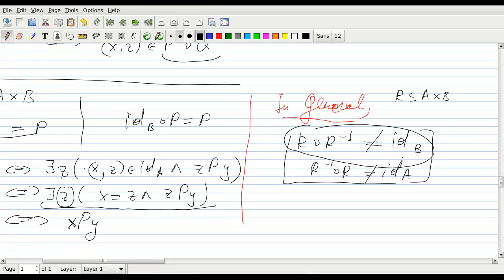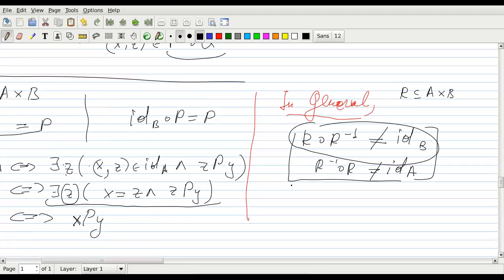In general, this converse is not the inverse with respect to our composition. It would be true only for some special class of relations. Is it clear? Yes.